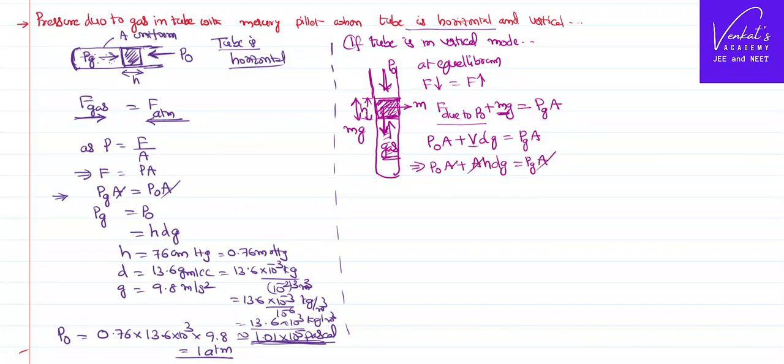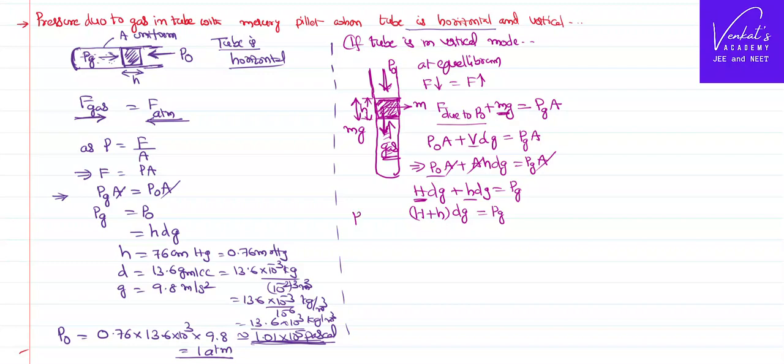So all areas in common can be cancelled. P naught can be written as capital H dg, where H is 76 centimeters of Hg, plus small h dg, where small h is the length of the mercury pellet, equal to pressure due to the gas. So pressure due to the gas is small h plus capital H dg. That's the pressure due to the gas.